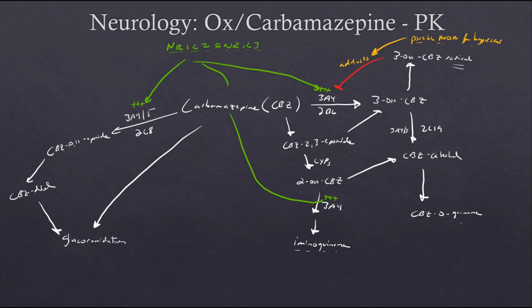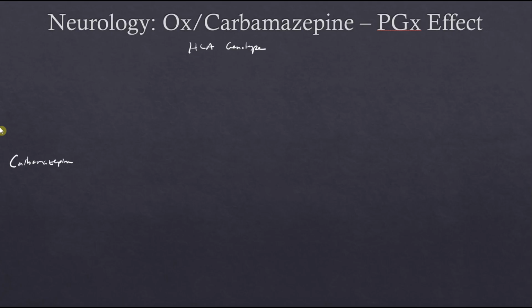However, what we're concentrating on here with the CPIC guidelines is the possibility for hypersensitivity reactions. So now that we've got our slide set up here for the pharmacogenetic effects on carbamazepine, let's take a look at what HLA genotypes do here to carbamazepine.